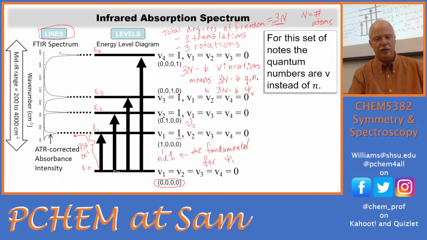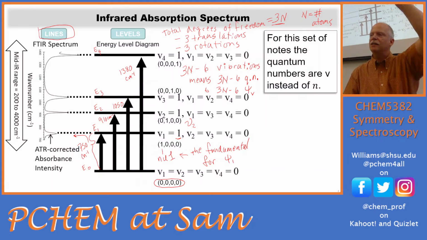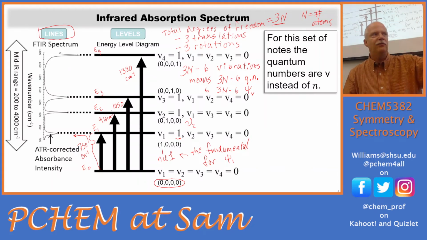Whereas this difference here is at like 910, and this difference here is like 1050, and 1380, I don't know. So where this molecule is being excited, that's where that difference shows up in the infrared spectrum.